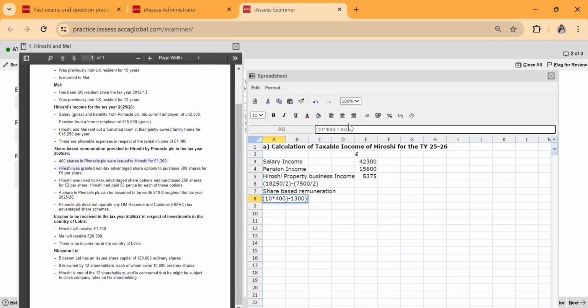Now, if the exercise was on a different date, then we could have taken the difference between exercise price and market value, and the difference between original cost and exercise price. So ultimately, you would have arrived at the same total figure. Hence, we're not doing it separately. We are just doing it at one value, as every transaction is taking place in the same year. So, what is the share-based remuneration?